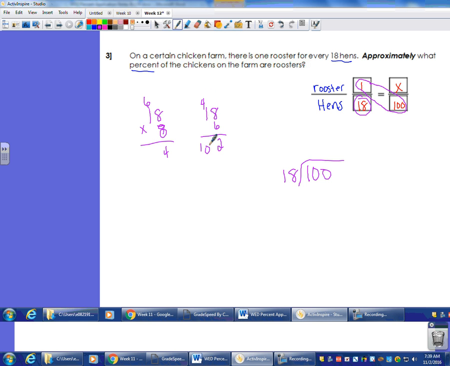So we're going to do 5. That's going to be 90, so it goes in 5 times. We're going to subtract the 90, and we're going to get a remainder of 10. We're going to do snake bite, and I'm going to bring down a zero, it goes in there 5 times again, subtract the 90, so it's going to be repeating. So if I were going to approximate this, I would say about 6%.